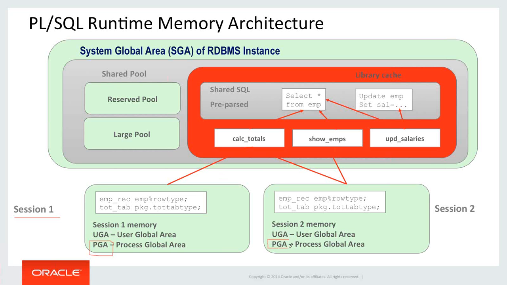Therefore there's a separate PGA for each session, so that memory is not shared across sessions but is individual to that session. So PL/SQL variables are inside the PGA, and data that can be shared across sessions is in the SGA. That's the rough cut. There are, of course, a number of nuances and exceptions, but on a day-to-day basis, this captures the reality that you need to deal with. And you often do need to deal with it because you can actually run out of PGA memory.